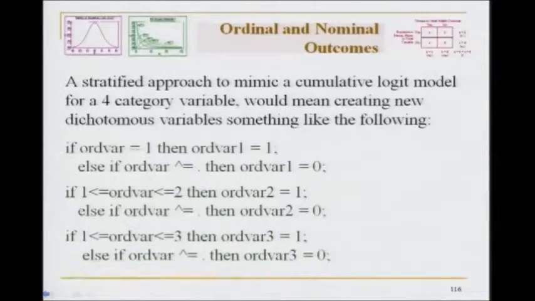I've created three of them, ordvar1, ordvar2, and ordvar3. The first time through, it's category 1 versus everybody else. The second time, it's categories 1 and 2 versus anybody else, except for missing values. The third time, it's the top 3 categories versus everybody else, because that's what is going on behind the scenes when I run a cumulative logit model.